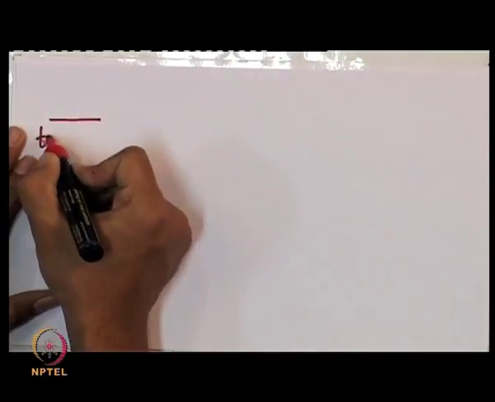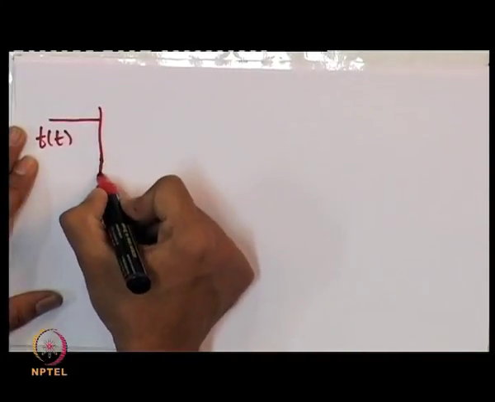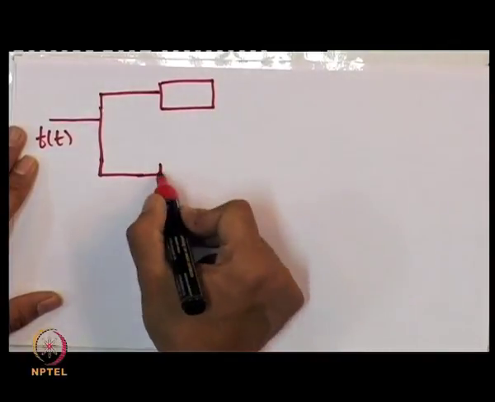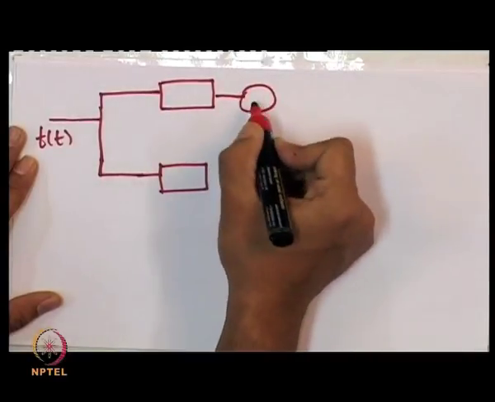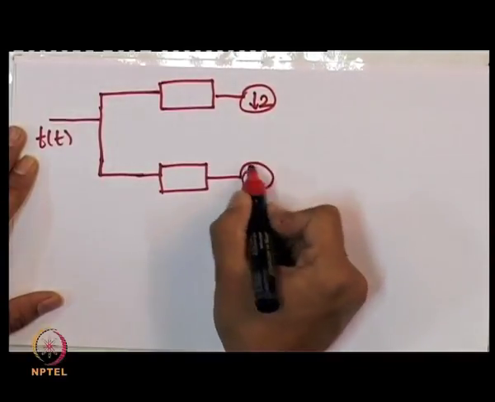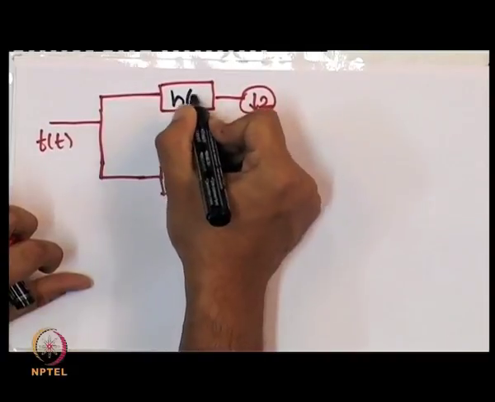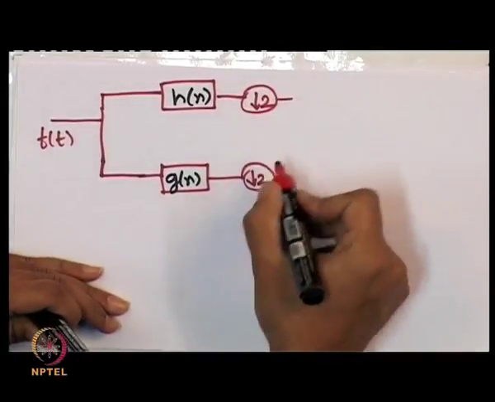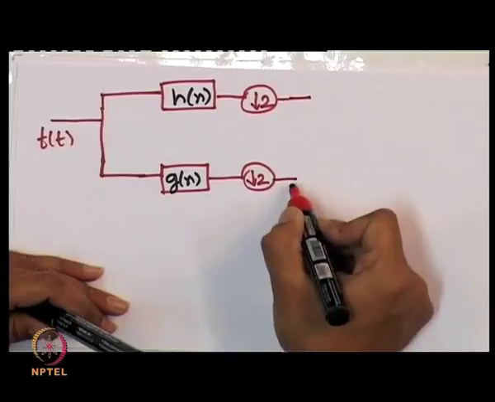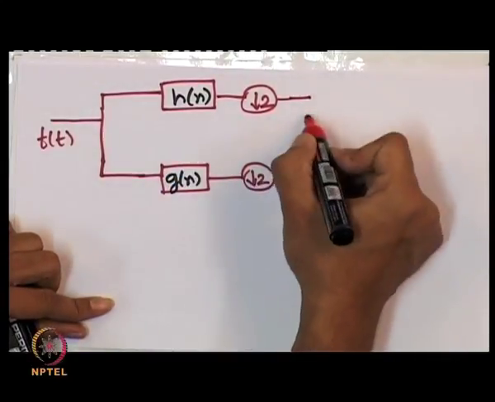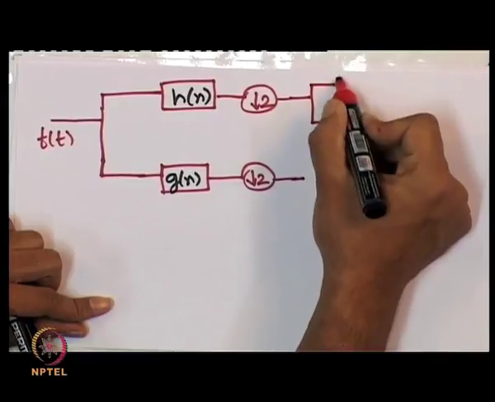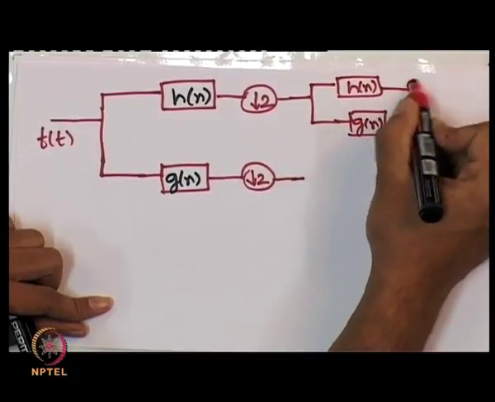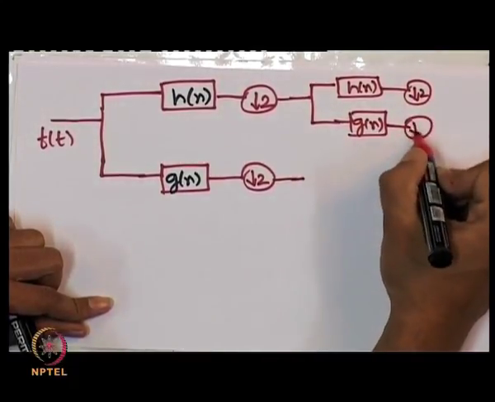For example, consider a two-band filter bank. We can further analyze this block depending on the application.